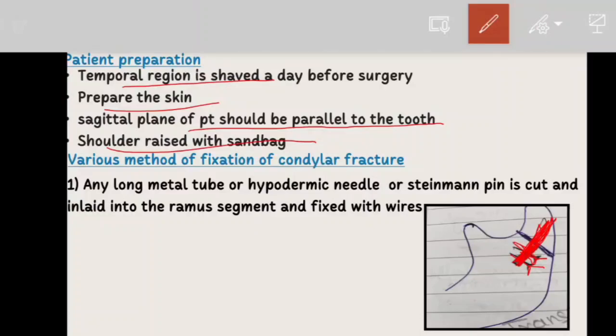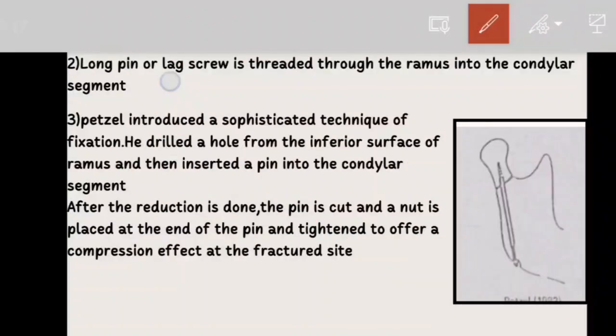This one is a fixation technique where a long pin or long screw is inserted through the ramus segment and fixed with a wire. The long pin or lag screw is threaded through the ramus into the condylar segment. The third one is the Petzl technique, which introduced a sophisticated technique of fixation.